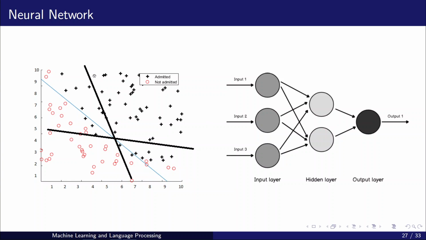So whatever data is on top of this intersection will be accepted. That sort of method is called a neural network. So you can improve the solution obtained through logistic regression by using a neural network.